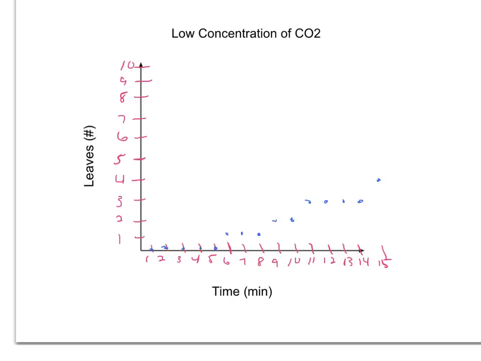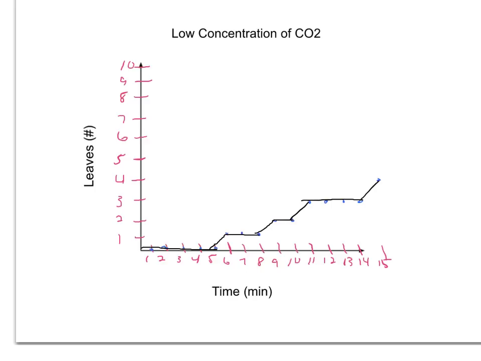Now again, I will be connecting the dots along the x-axis, connecting them as leaves start floating at minute 6 and on, and then here we go. Here's our data. Your graph should look something like this. Maybe not exact, but something similar.